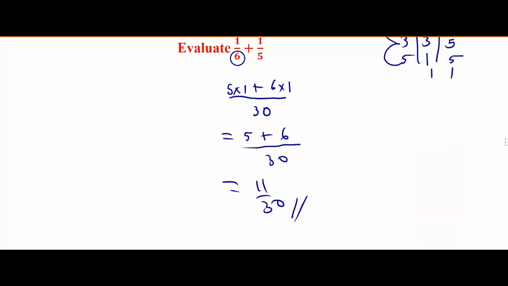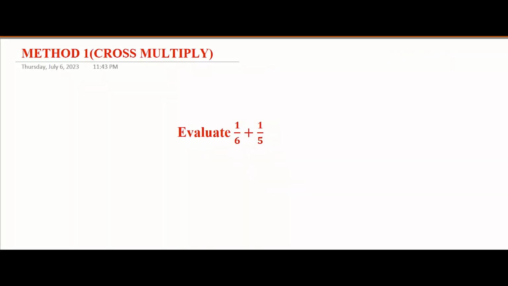Let's look into the second method, which is cross multiply. In this case, we have to multiply these 5 and 6. That will be 6 times 5, that is 30. Then the next thing we do is to multiply 1 by 5.